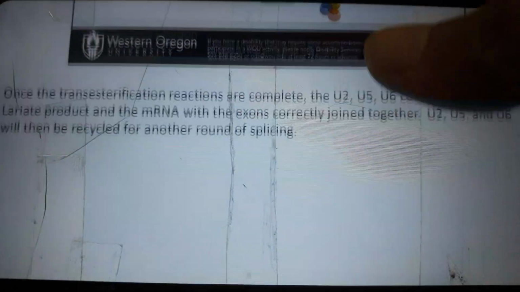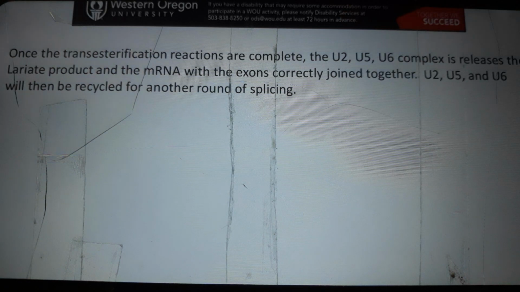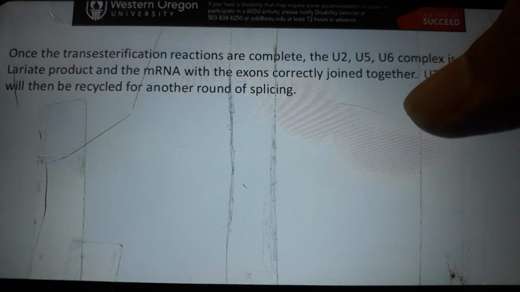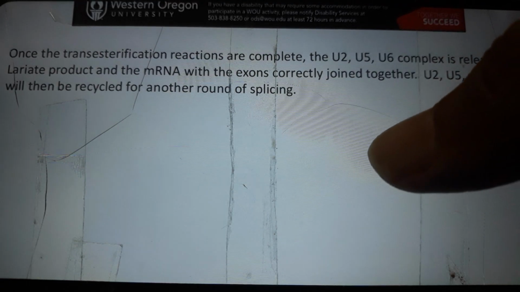Once the transesterification reactions are complete, the U2, U5, U6 complex releases the lariat product and the mRNA with the exons completely joined together. U2, U5 and U6 would then be recycled for another round of splicing.